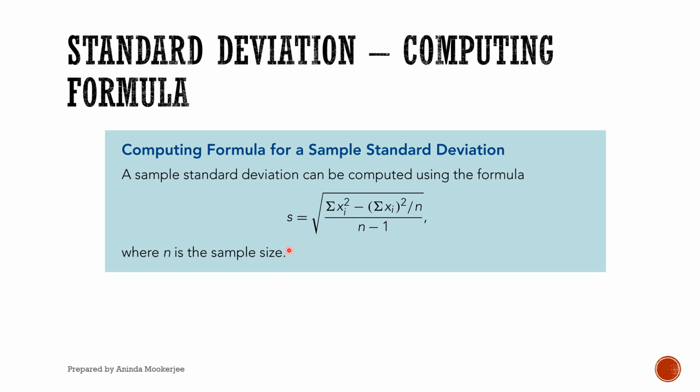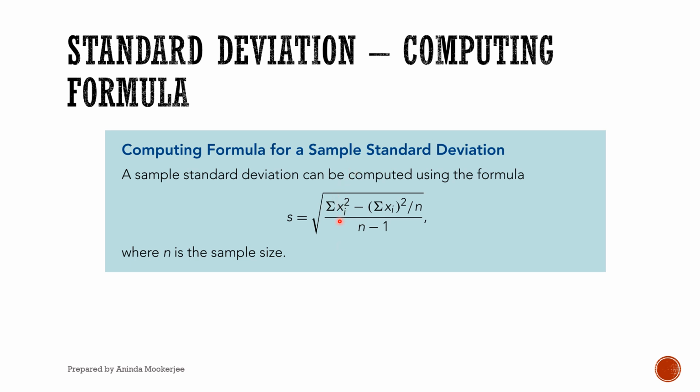Now the formula that we saw previously was the defining formula of the standard deviation because it follows closely the definition of the standard deviation. There's another formula also called the computing formula, which is a variant of the defining formula. It's derived from the defining formula, but it does pretty much the same thing, and it is a faster and more efficient way of calculating the standard deviation.